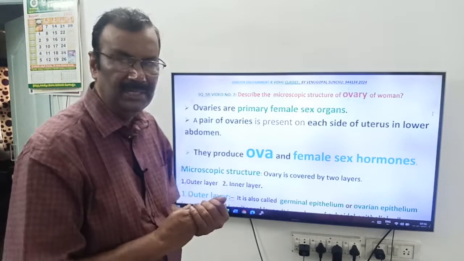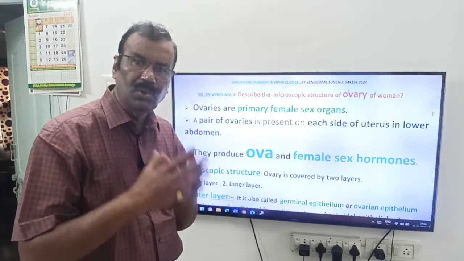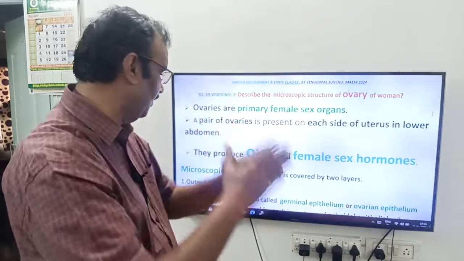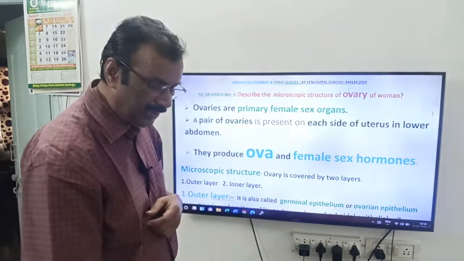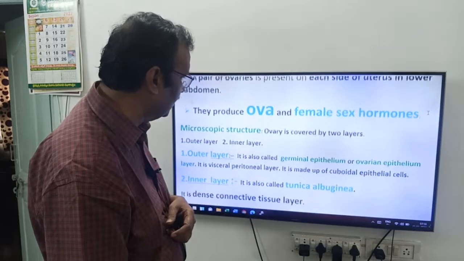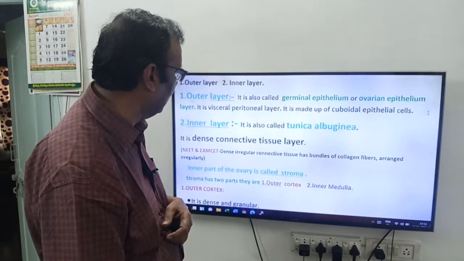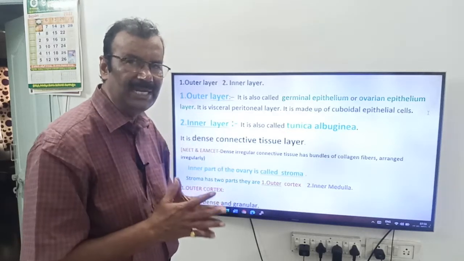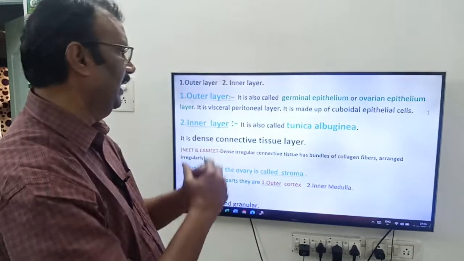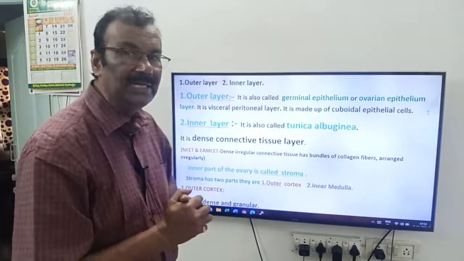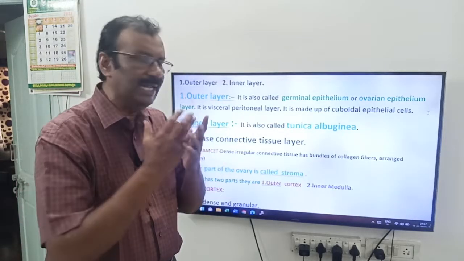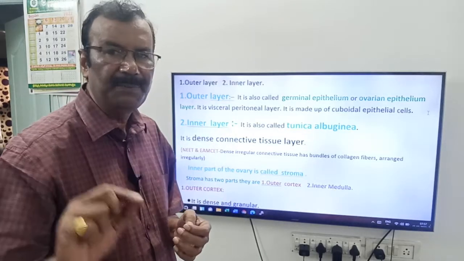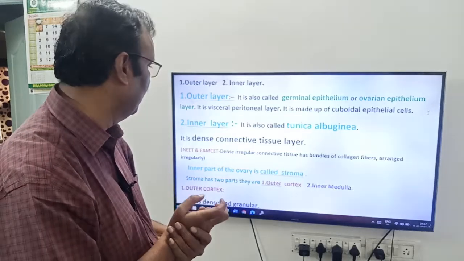They produce ova and female sex hormones. Each ovary is surrounded by two layers, an outer layer and an inner layer. The outer layer is called the germinal epithelial layer or ovarian epithelium. It is a type of visceral peritoneal layer, made up of cuboidal epithelium.